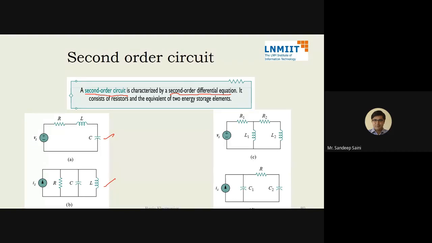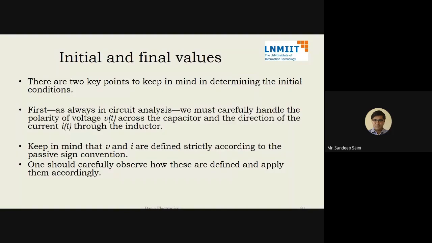Before we start the analysis of second order circuits, we need to have some idea about initial conditions in second order circuits: initial values and final values. There are two things you have to consider. First, in circuit analysis we must carefully handle the polarity of voltage, and always follow the passive sign convention.